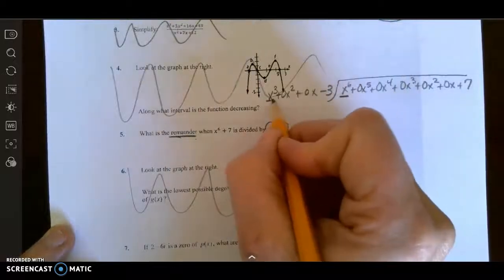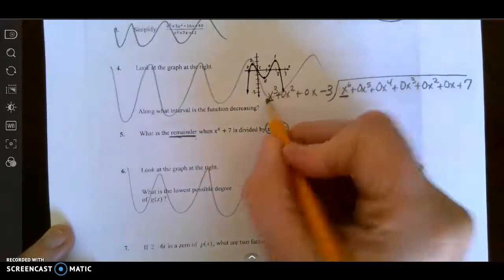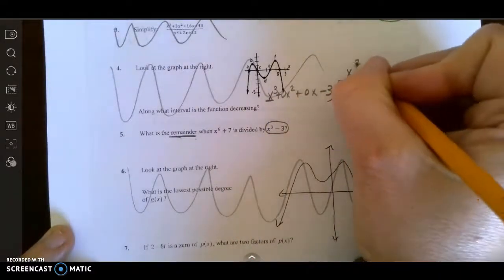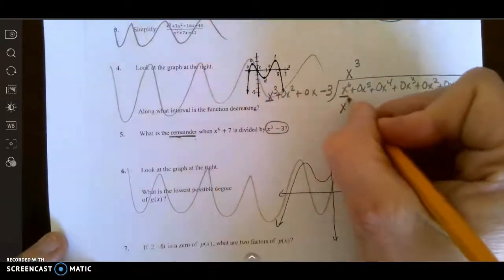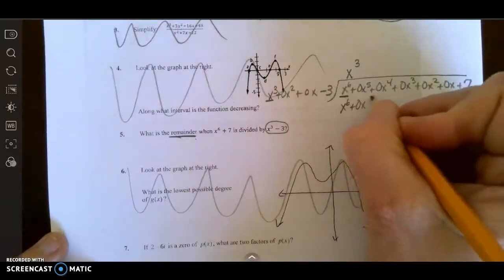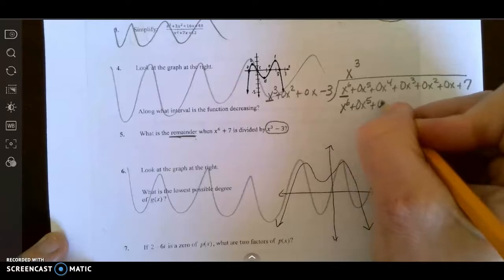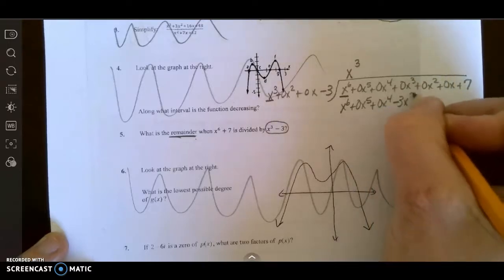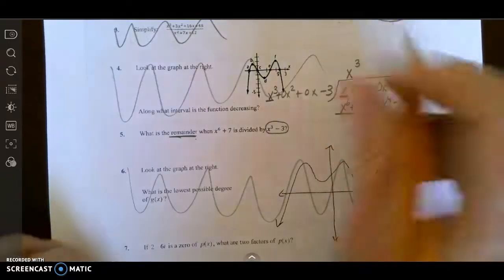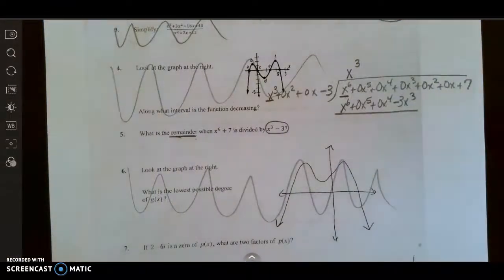Focus on the first. X to the 6th divided by x to the 3rd is x to the 3rd. Now multiply x to the 6th plus 0x to the 5th plus 0x to the 4th minus 3x cubed. Remember, when I subtract, I have to change my signs.